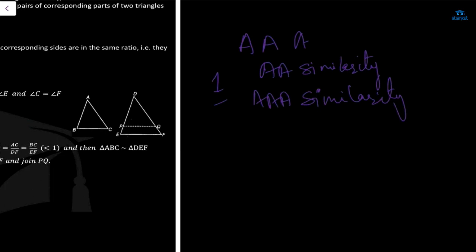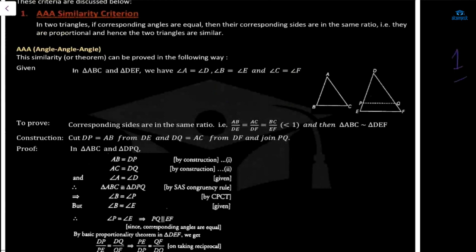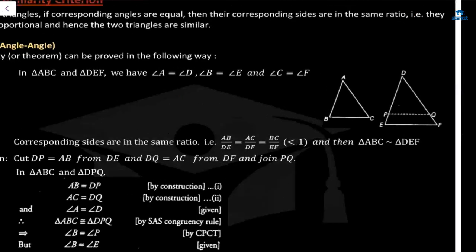Now, if you see the proof of AAA, we have two triangles. Obviously we need to prove they are similar, that means the size is not equal, only they're similar. So I have taken two triangles, one is ABC and another is DEF.